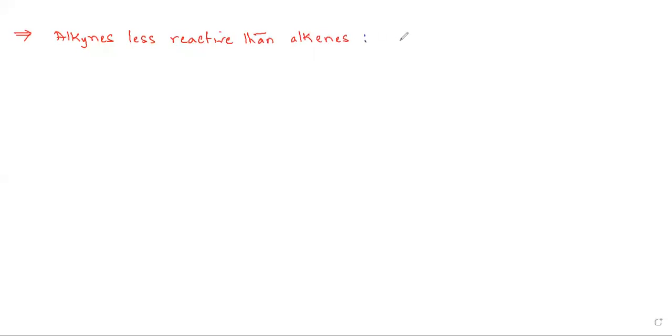Now it's very clear that both alkenes and alkynes undergo electrophilic addition reaction, right? Then why are alkynes, with two pi bonds, less reactive than alkenes? Let us see the reason.